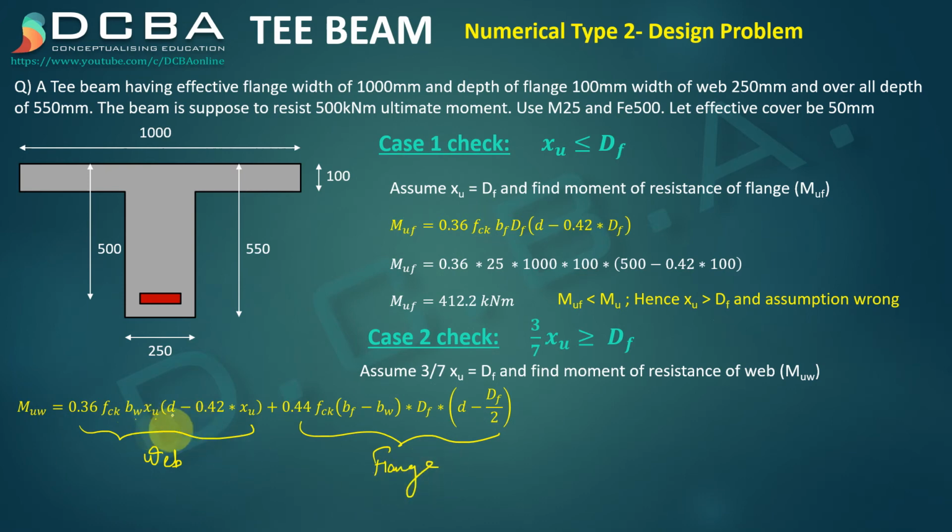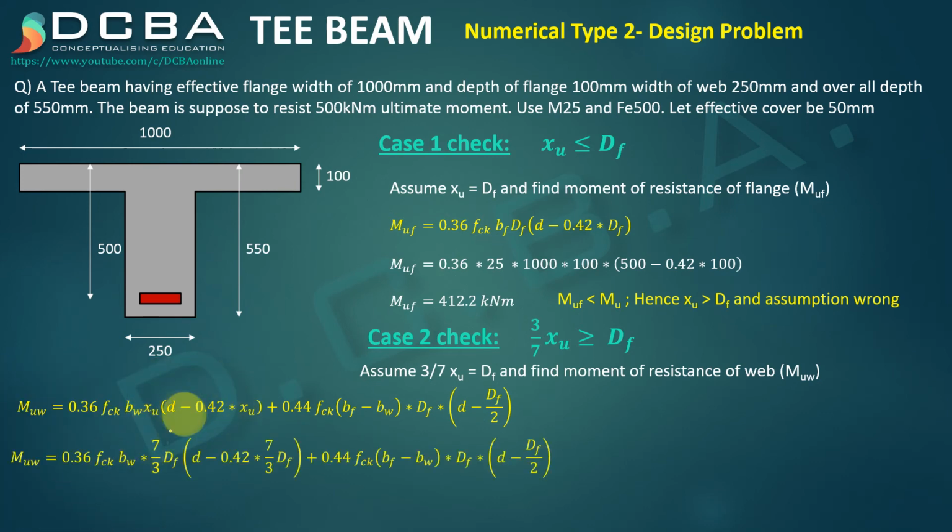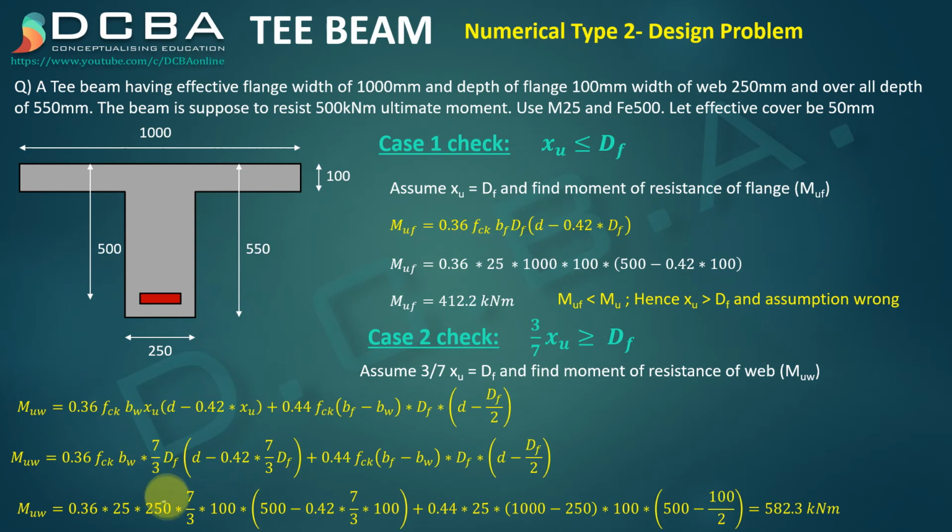What you have to essentially do is put the value of XU as 7/3 of DF, right? So when you put the value of XU as 7/3 of DF and substitute all the values, 0.36 FCK BW, 7/3 DF into (500 minus 0.42 XU) plus 0.44 FCK (BF minus BW) into DF into (D minus DF by 2), I get 582.3 kilonewton meter.